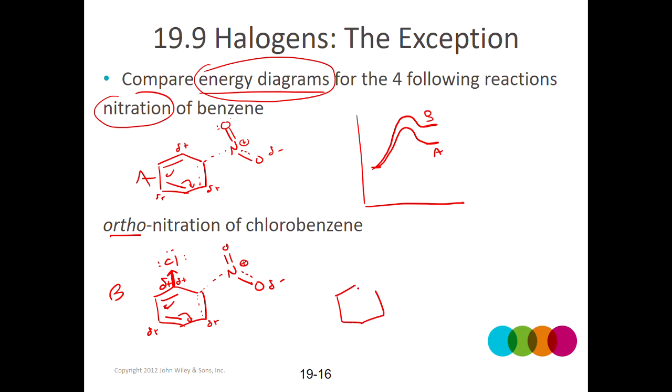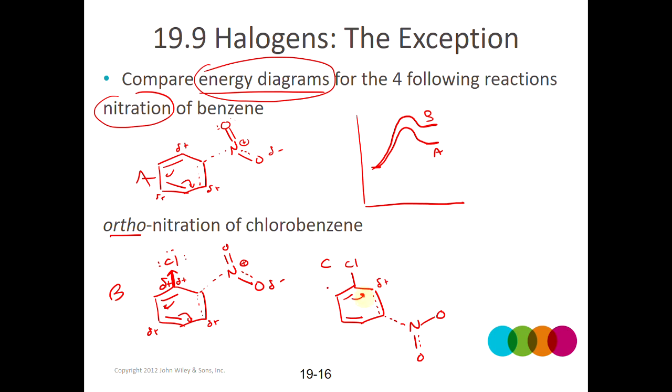So let's compare that to meta nitration and para nitration. So for the meta nitration, we'll call this C. I've already got chlorine on here. If the nitro is going to connect to the meta position, it's pulling electrons away from this carbon.